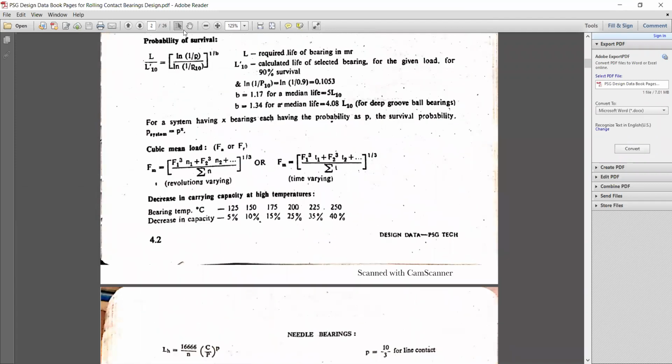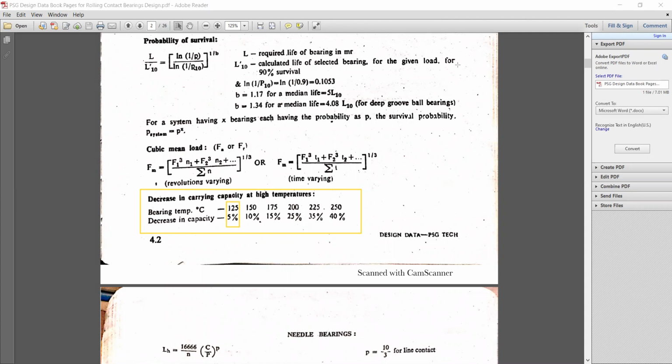Okay, so here they have provided the various ranges of reduction in load carrying capacity based on the temperature value. Based on the temperature value, the decrease in capacity is shown. For 125 degrees it is 5% and so on.